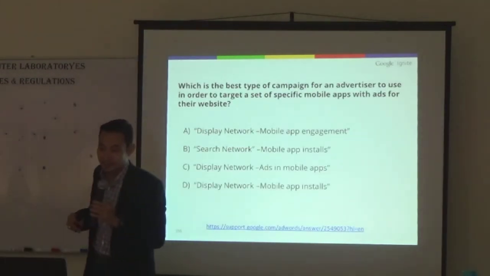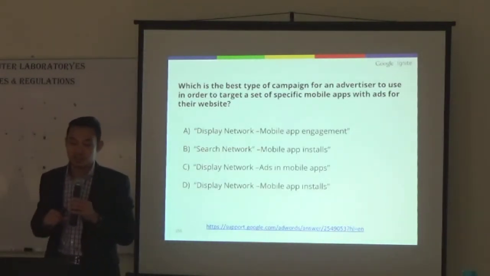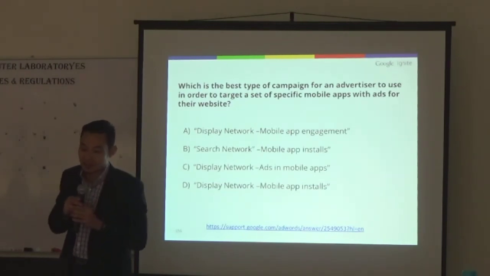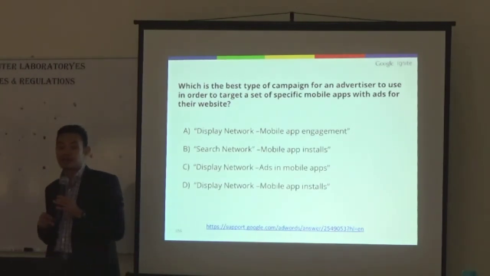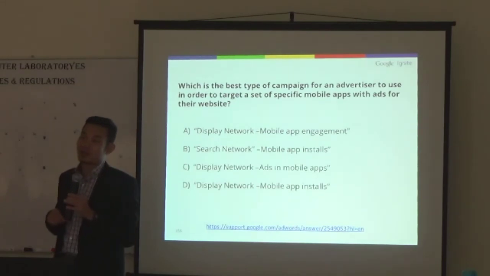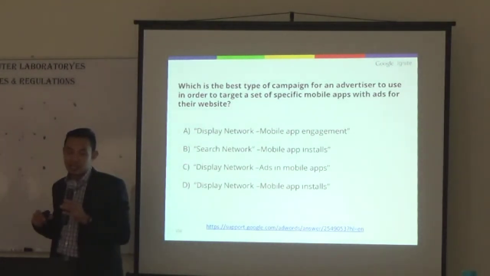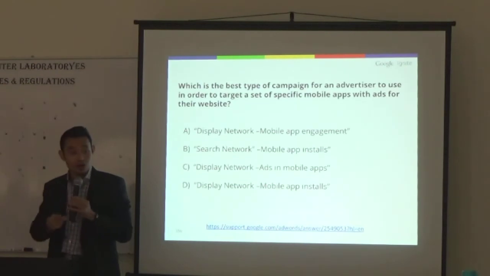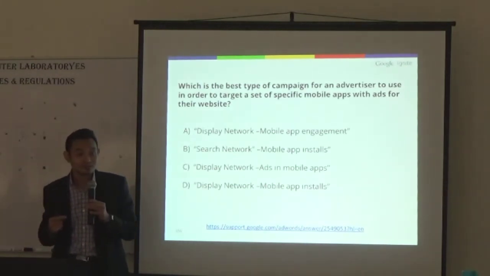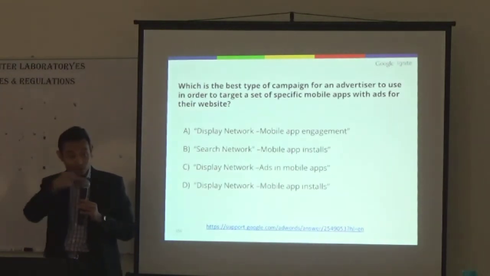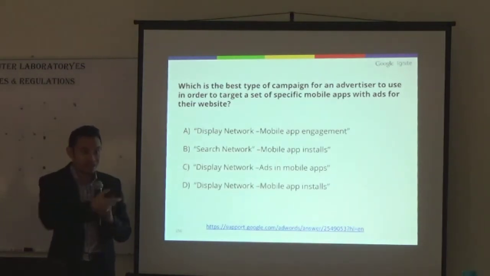Next question. Which is the best type of campaign for an advertiser to use in order to target a set of mobile apps with ads for their website? Specific mobile apps with ads, and they want to push to their website. C. Ads. Well, how do you know? You look at the answers from the presentations that I did.